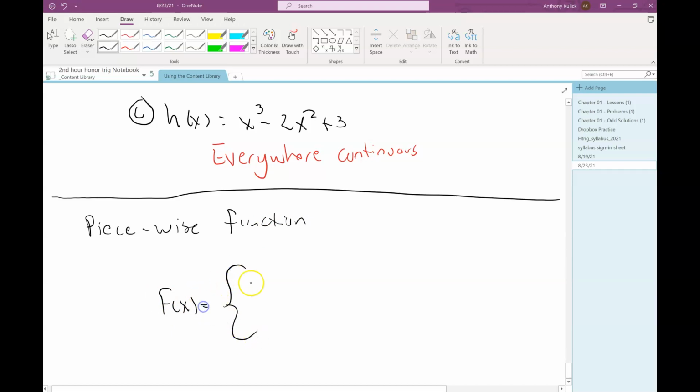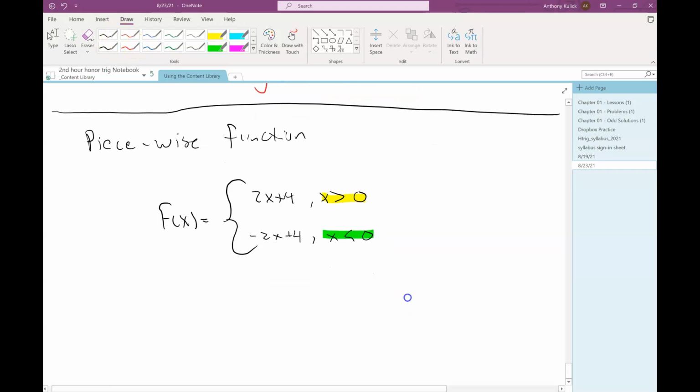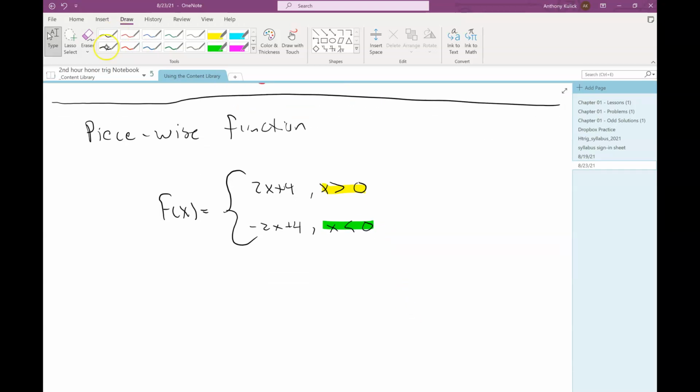We'll say f of x equals, and then you describe it in two pieces based on, okay, for one part of the domain, we're going to use this rule. And then for another part of the domain, we're going to do a different rule. So like, oh, this is a bad example. Let me do this.